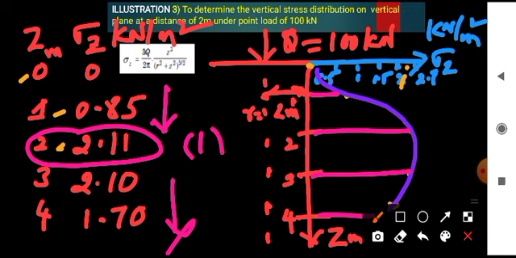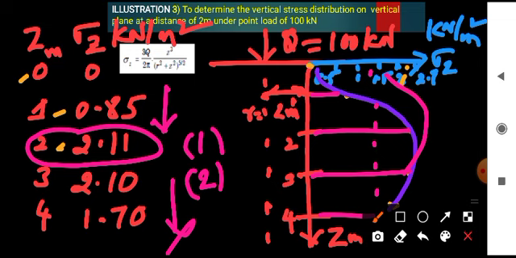Number 2, as you are moving in the radial direction, if we evaluate the sigma z value by taking r equal to 4 meter, for example, you can draw one more vertical stress distribution diagram. The value of sigma z due to the applied point load will be still lesser than these values.